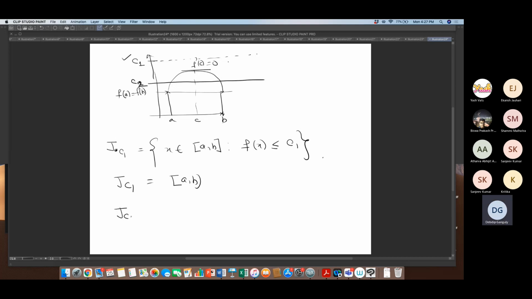What is J of C2? Let's say [A1, B1]. So what is J of C2? It is a set, the part of the domain where the function is below this level. What is that set?